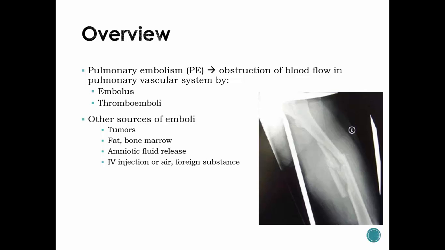It could also be from a DVT that was not recognized or treated. Your pulmonary embolism is a medical emergency. About 50% of the deaths from PEs will occur in the first 2 hours after immobilization.